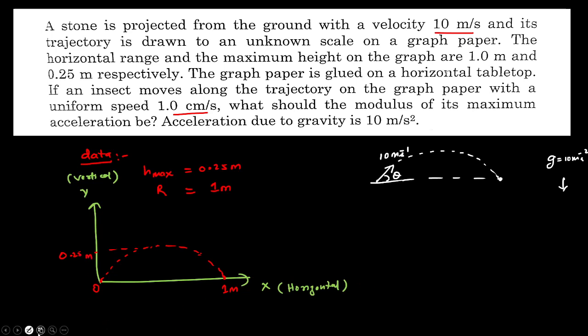Now we are drawing this graph for the given real life situation, which is g being 10 meter per second square, and we are throwing at 10 meter per second with respect to horizontal. On the graph, if h maximum and range are related like this, which is range is 4 times h maximum, even in the real life situation the same should be happening.